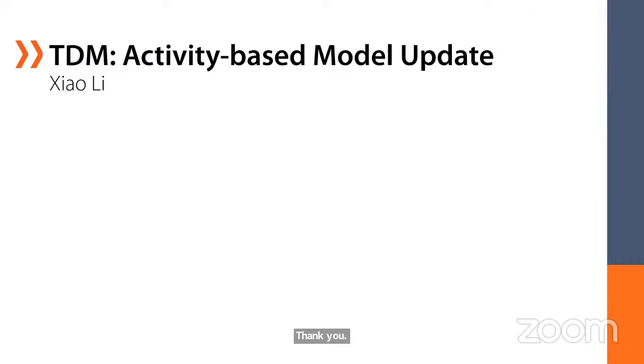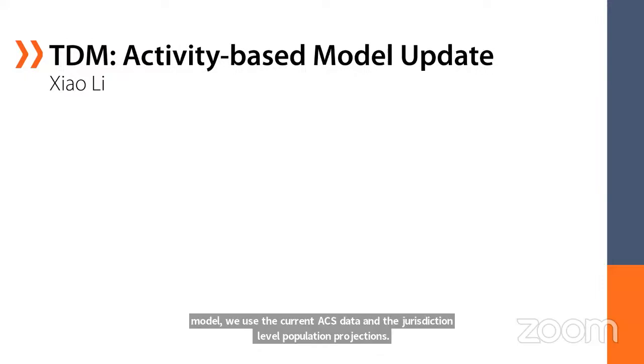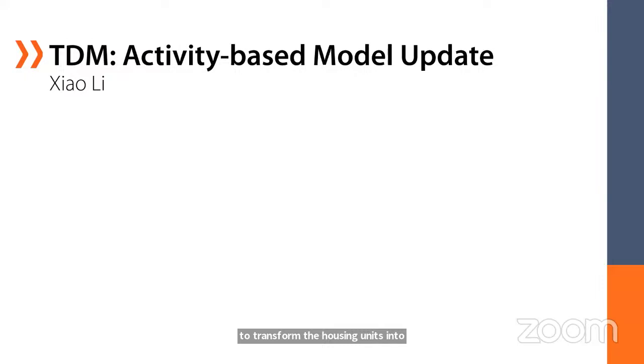Yeah, thank you very much, James, for sharing the outputs of our parcel level SAM land use model. After getting the parcel level outputs from our land use model, we use the current ACS data and the jurisdiction level population projections to transform the housing units into households and household population at the MAZ level.